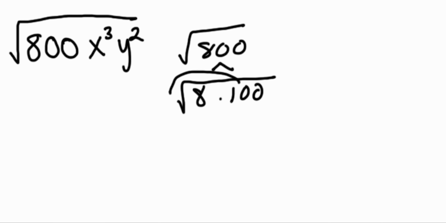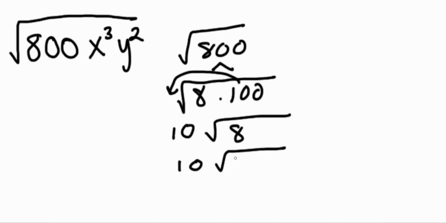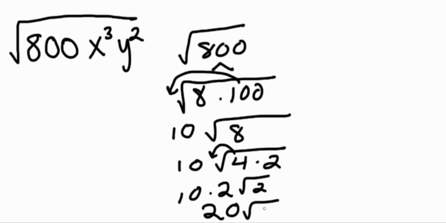We know 100 can come out as 10. 10 radical 8. But can our 8 be reduced? Let's see. Well, think about our first perfect square. This is the same as 10 times radical 4 times 2. And our 4 gets to leave. So 10 times 2 root 2, or just 20 radical 2. So this 800 has been reduced to 20 radical 2.